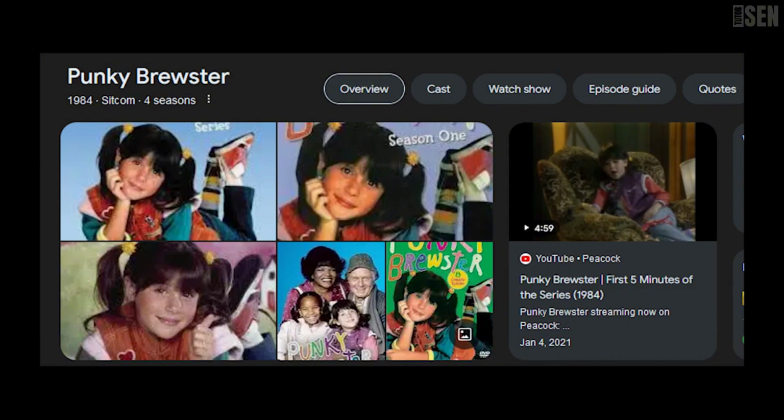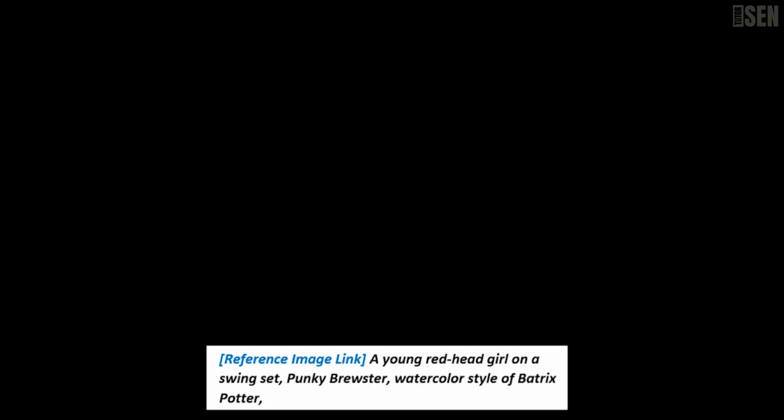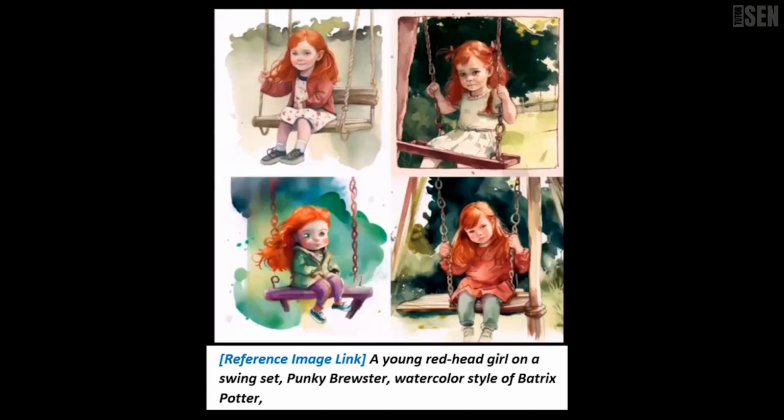Probably not, right? Because she was a character in a TV show back in the 80s. Most people would not remember her. So if you create a children's book using her in the prompt, like a young red-headed girl on a swing set, Punky Brewster, watercolor style of Beatrix Potter, you get this character, which is a great start.